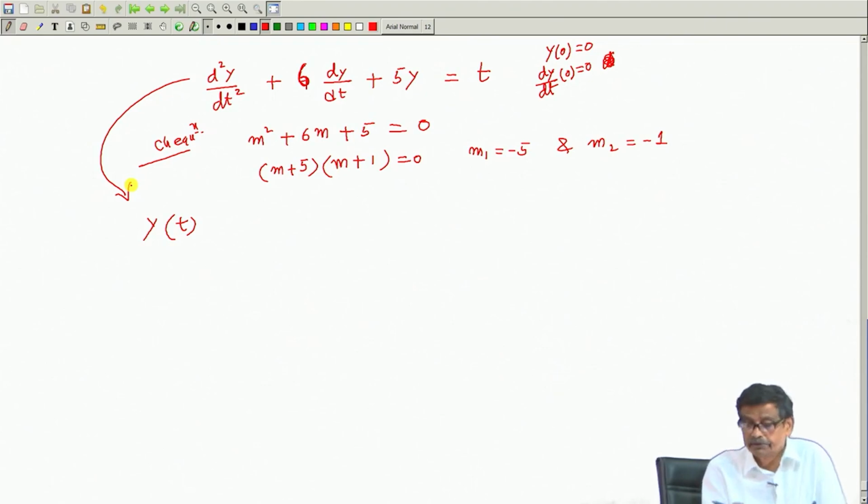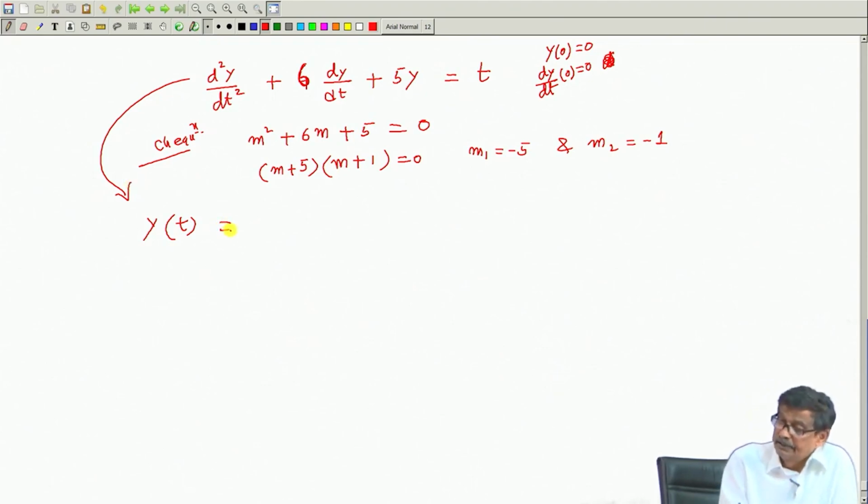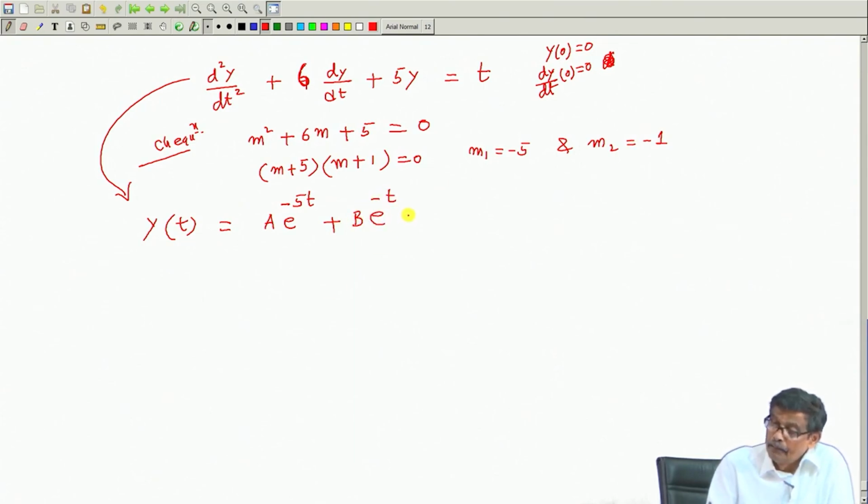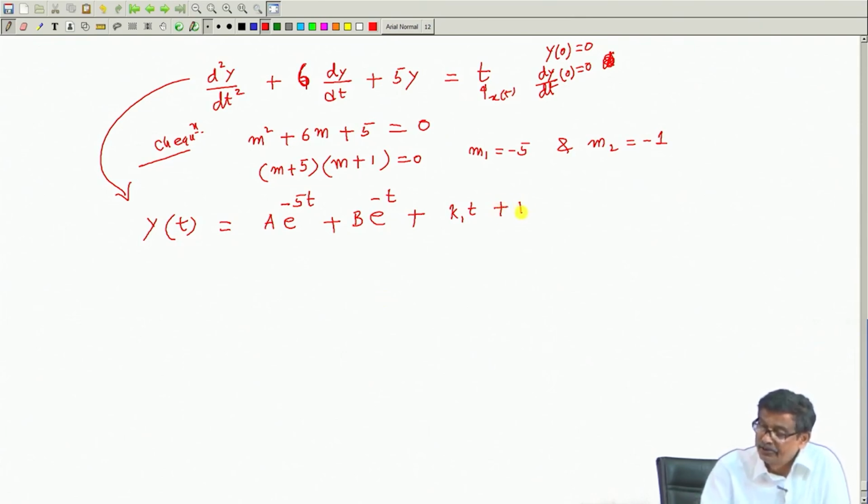y(t) will be equal to a into e to the power minus 5t plus b into e to the power minus t, plus k1 into t, this is x(t), a linear combination of the forcing function plus its higher order derivatives, plus k2 into the derivative of t, which is 1, and no other terms.